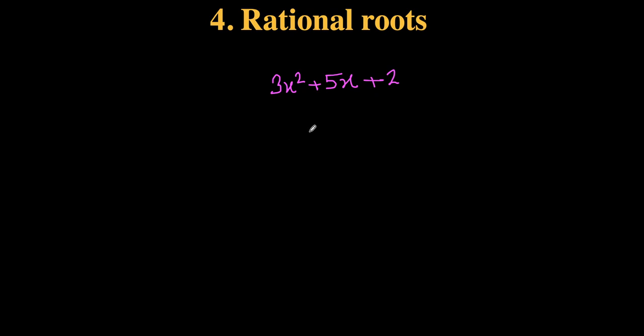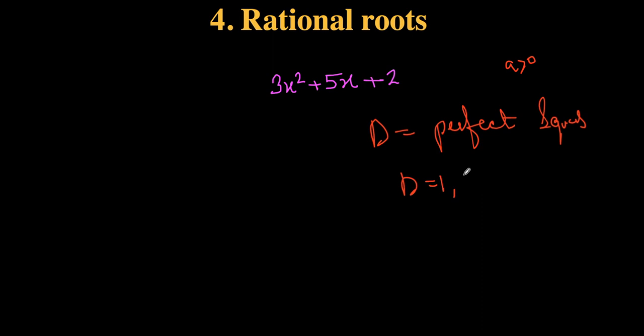So if your d is a perfect square of any number, like if you'll get your d as, here also a is greater than 0, 1, 4, 9, and you can write 16, because 1 is the square of 1, 2 square is 4, 3 square is 9, 4 square is 16.